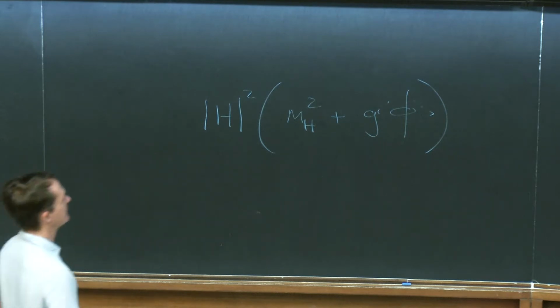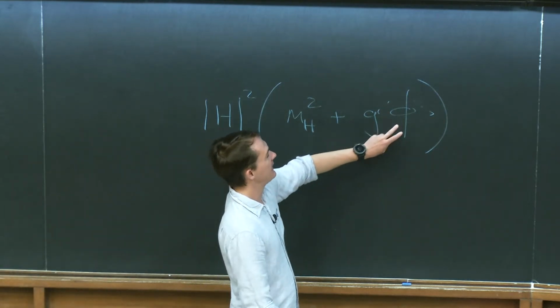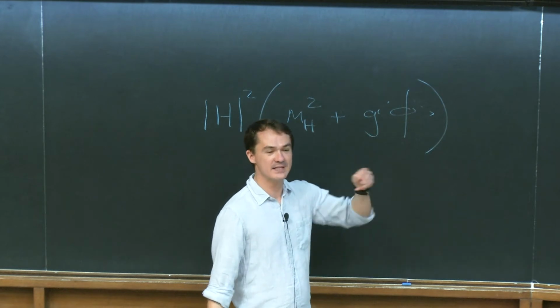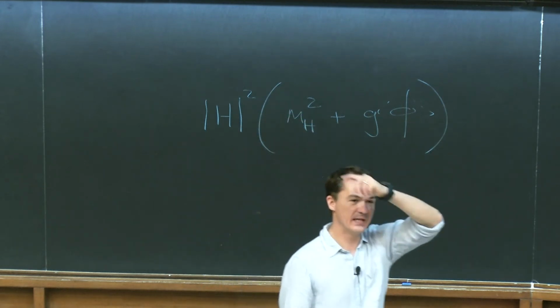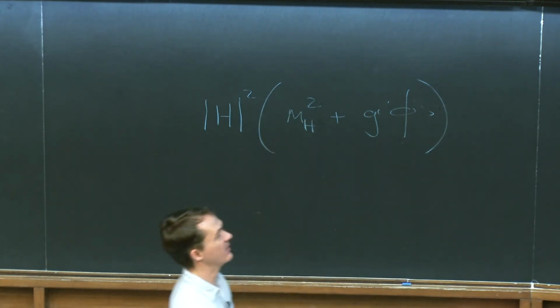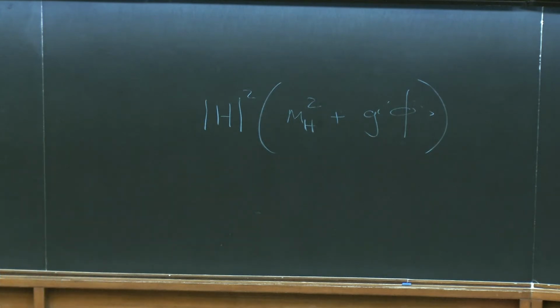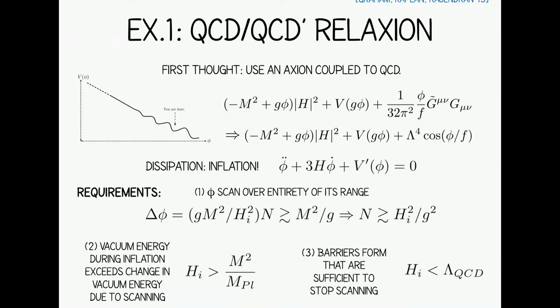So you have to have some large field range for phi, and phi has to have enough time to scan over the entire field range to get to the point where it sets the Higgs mass to 0, and it stops. So that actually ends up giving you some parametric constraints that are related to the efficiency of the friction during inflation and how you're scanning over the field.